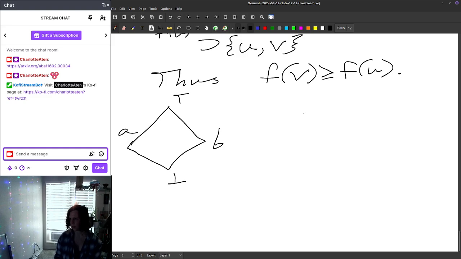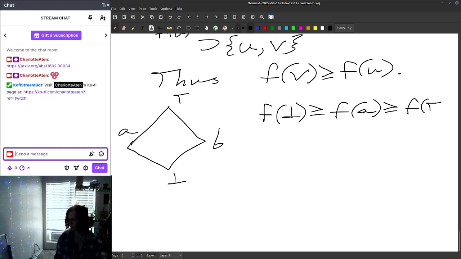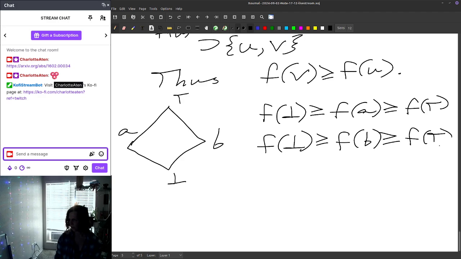So we see that the bottom element gets assigned to something that's bigger than whatever A gets assigned to, which is in turn bigger than or equal to whatever the top element gets assigned to, and then similarly for B. Okay, so we necessarily must have this.